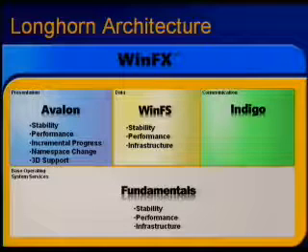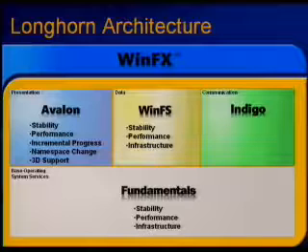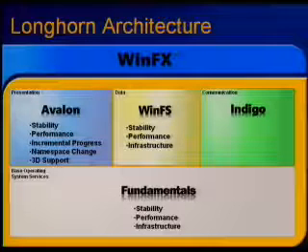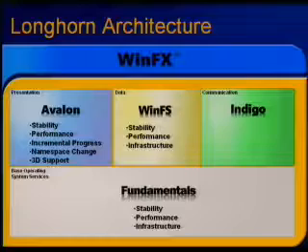Then we have the 3 functionality pillars of Longhorn. First of these we'll talk about is Indigo. This is the code name for the communications pillar, allowing developers to reliably and securely communicate. Not necessarily just between a client machine and a server machine, but it could be between 2 client machines or even 2 processors running on the same machine.